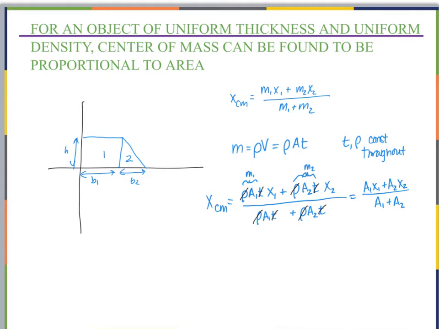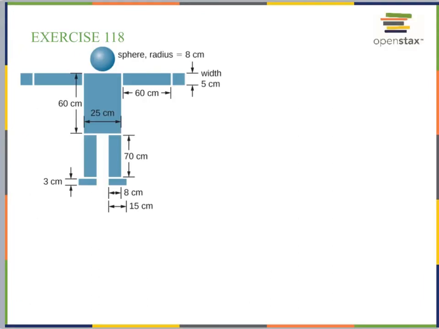So I wanted to just really quickly look at one of the problems from the back of the chapter and how we might approach it. The one change that I'm going to make is we're just going to assume that this, instead of a three-dimensional sphere, is a disk. So that this person that we're looking at is being made up of a lot of individual pieces.